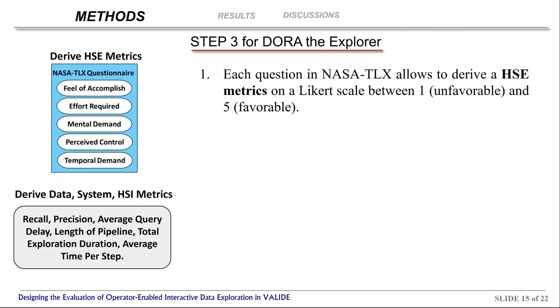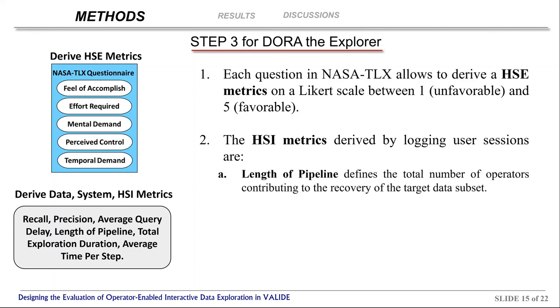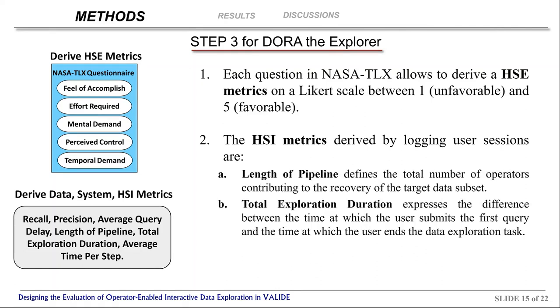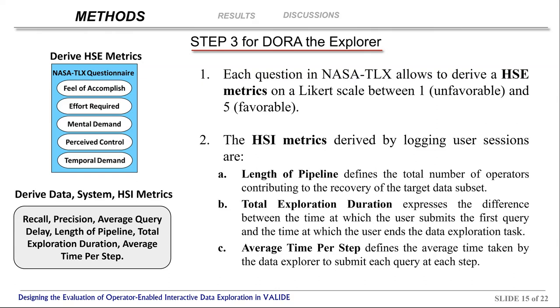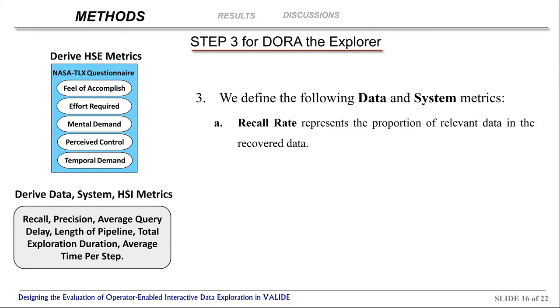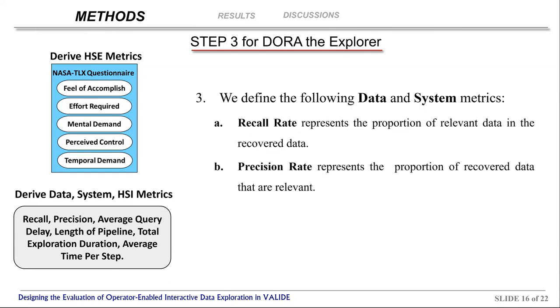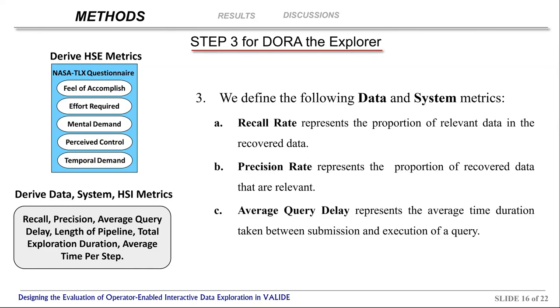Also, step 3 includes deriving data system and HSI metrics such as length of pipeline, total exploration duration, average time step, and data and system metrics such as recall rate, precision rate, and average query delay. It should be noted that the goal for deriving HSC metrics along with data system and HSI metrics is to cross-compare and derive correct conclusions.